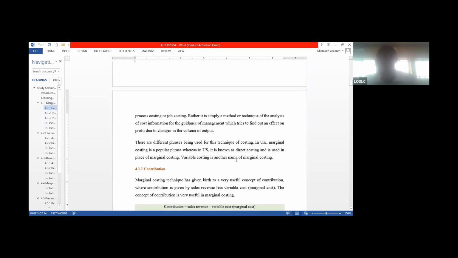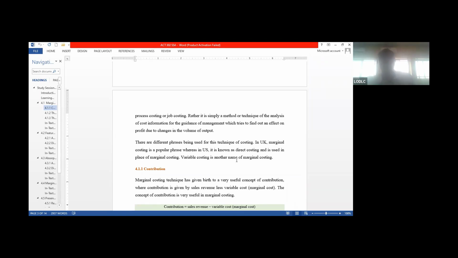Without wasting much of our time, let's quickly talk about contribution. Contribution is synonymous to profit, but they are different. What makes the difference between the contribution and the profit is just the fixed cost.